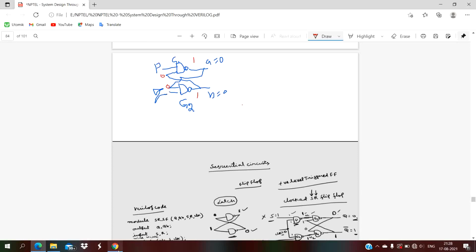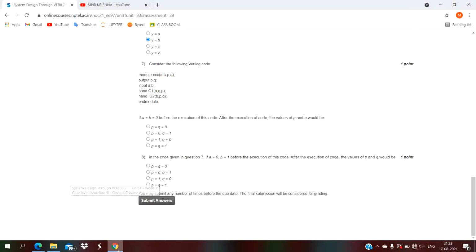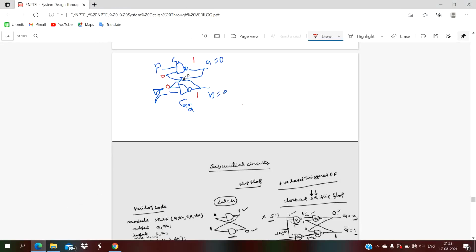Then the outputs are 1. So this is an example for that.